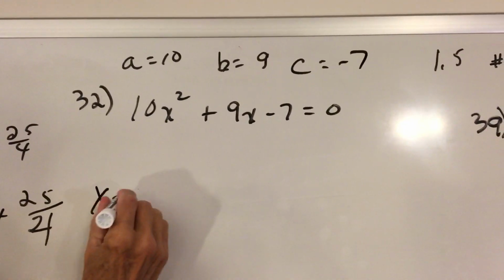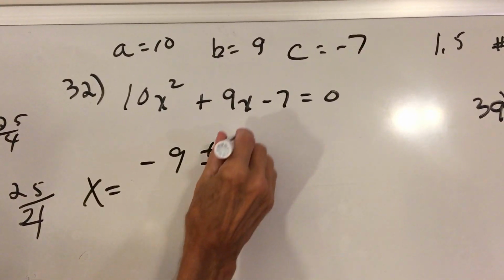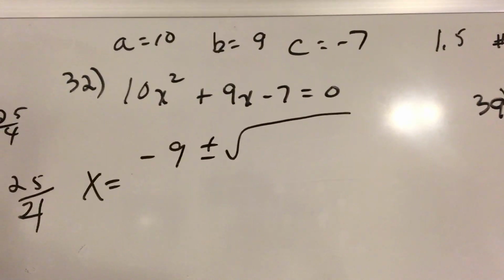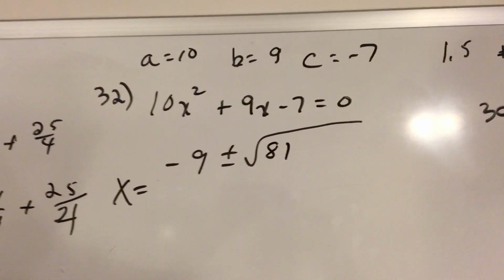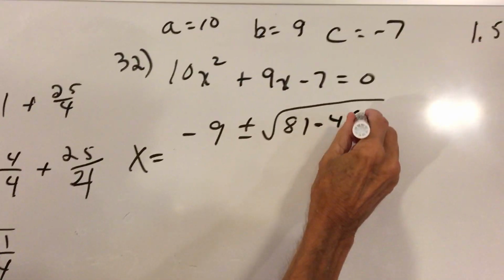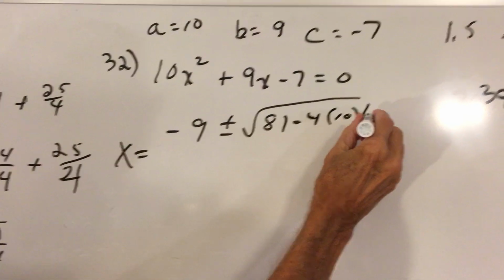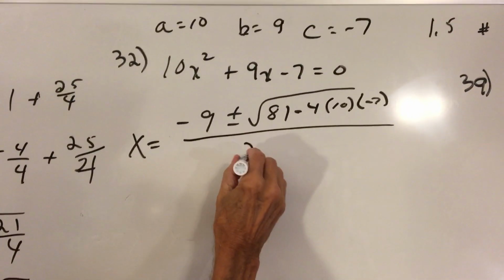So the solution, negative b is negative 9 plus or minus square root of b squared, which is 81, minus 4 times 10 times negative 7 over 2a is 20.